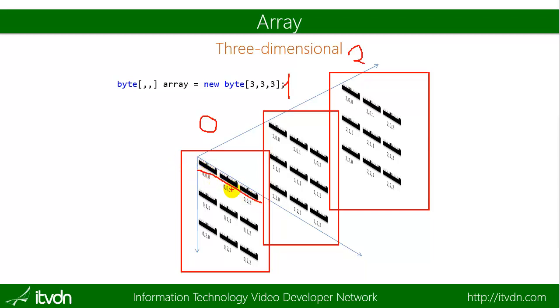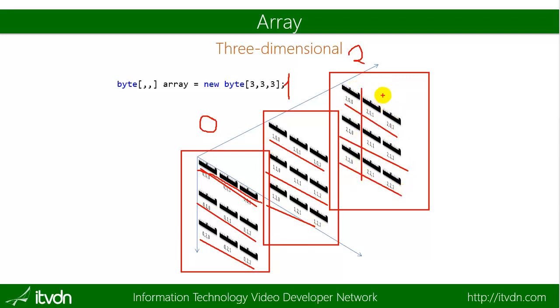It's on this shelf. So let's imagine that each bookcase has 3 shelves and 3 sections. Shelf number 1, shelf number 2, and shelf number 3. Then again, each shelf has 3 sections: section 1, section 2, and section 3.